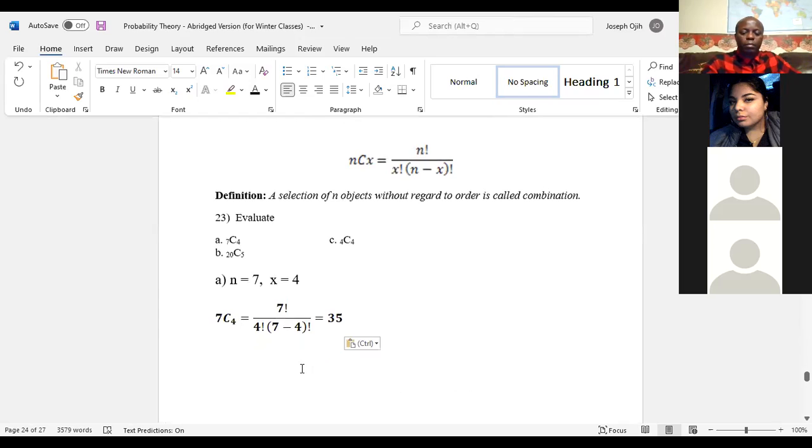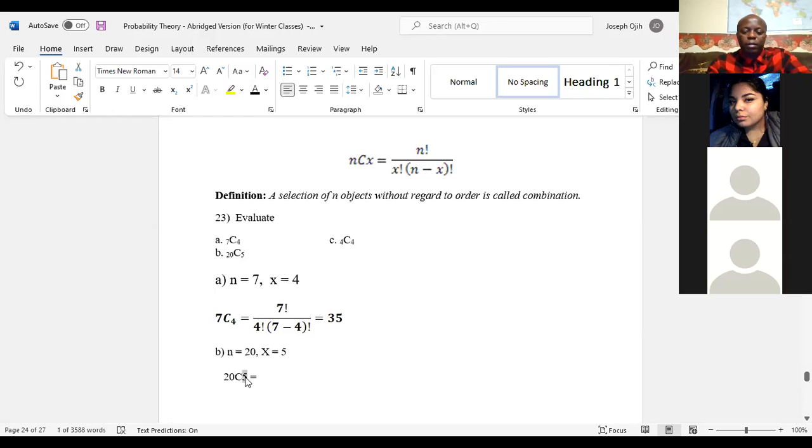So for part B, it will be 20 combination 5. So n is 20 and x is 5. If you plug it in, you get 20 factorial over 5 factorial times 20 minus 5 factorial.